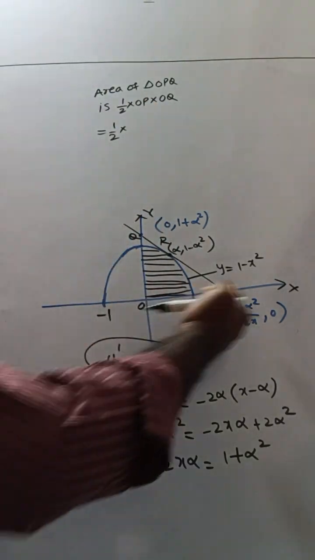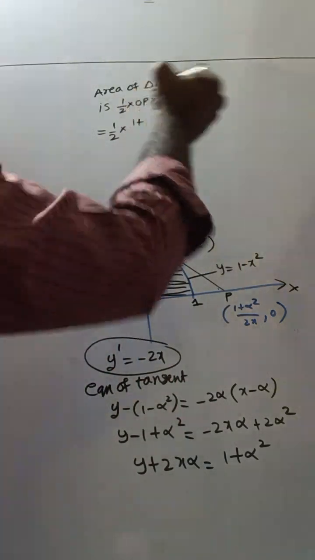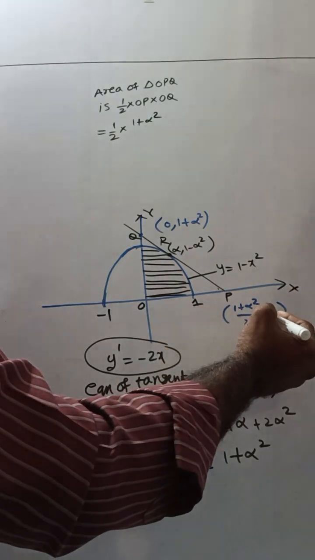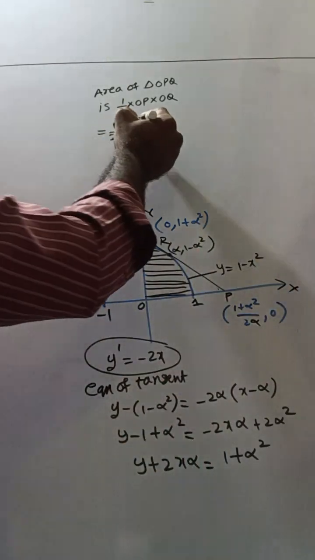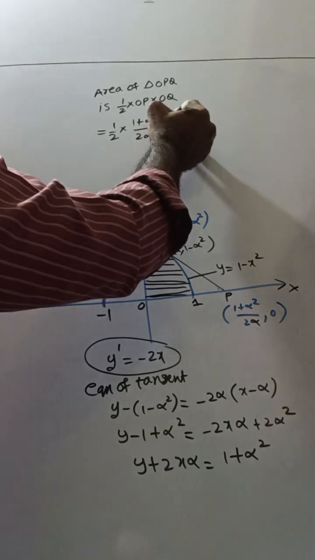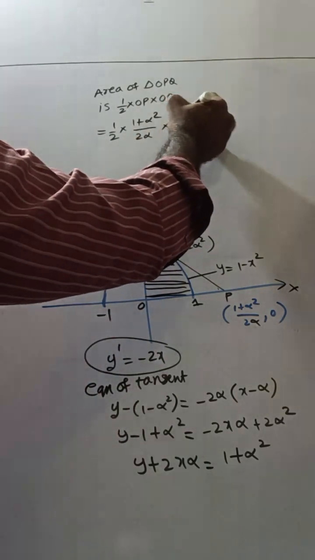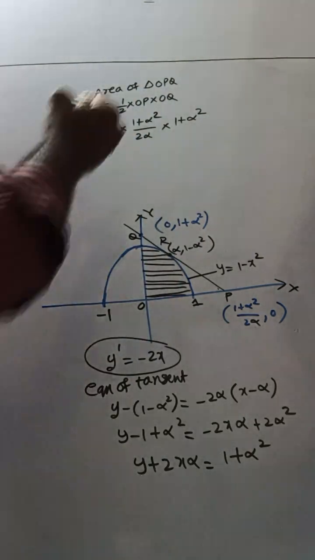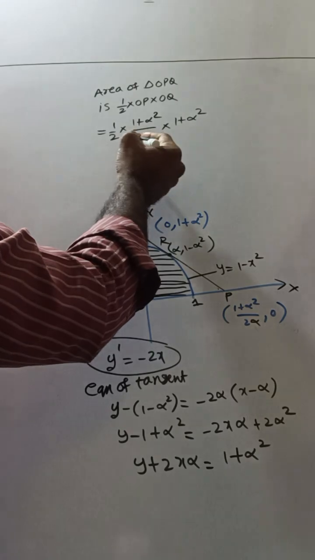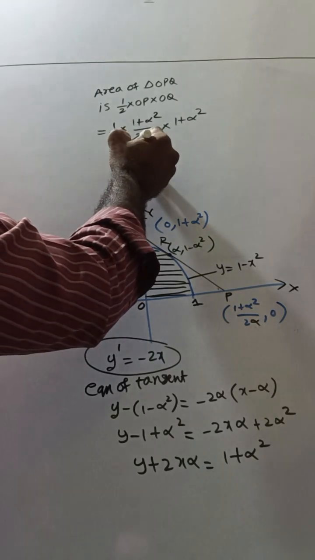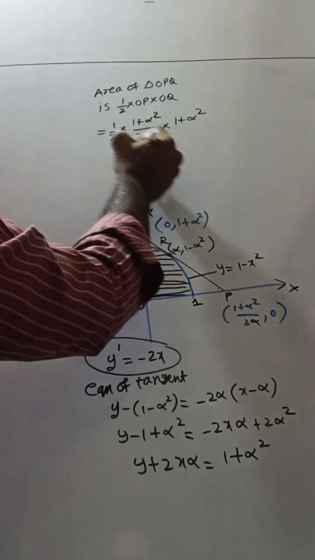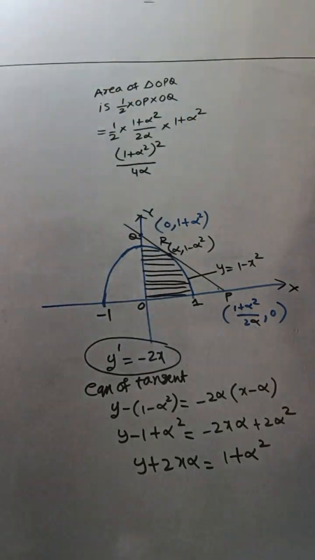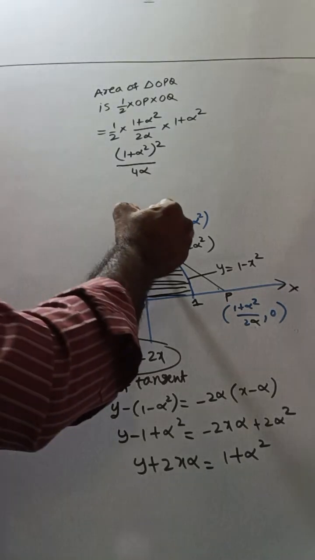OP is nothing but 1 plus alpha square by 2 alpha, into OQ, which is 1 plus alpha square. Clear? Now what is this area here? Area is nothing but (1 plus alpha square) whole square by 4 times alpha. This is the area of this triangle.